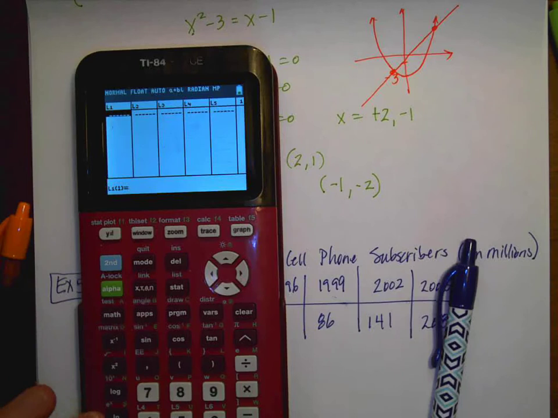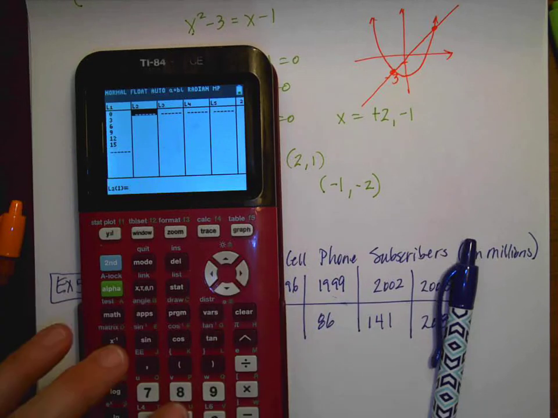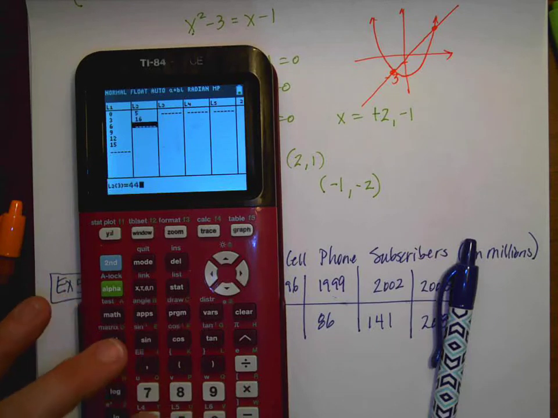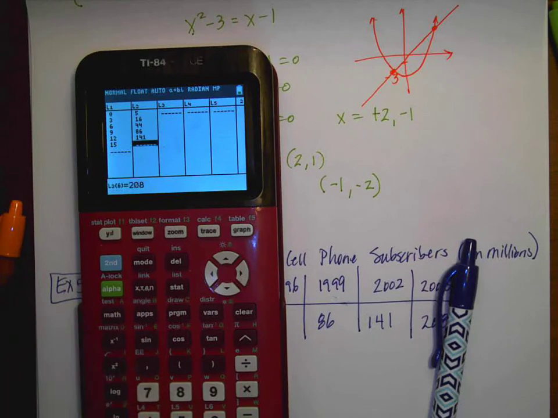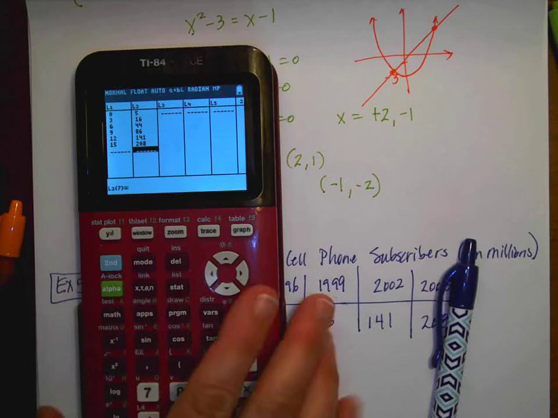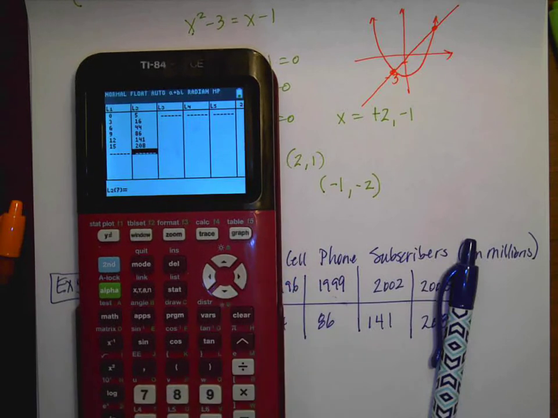They told us that year 0 was 1990, so my first X is going to be 0, and then 3, 6, 9, 12, 15. Then I'm going to go to my Y values, my dependent variable, and enter 5, 16, 44, 86, 141, and 208.